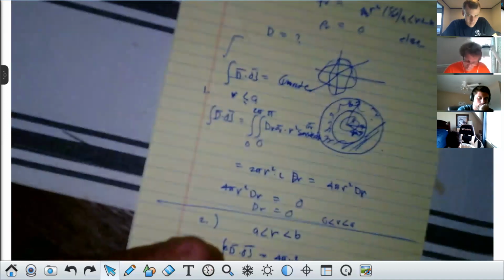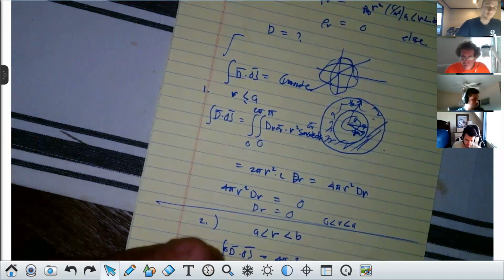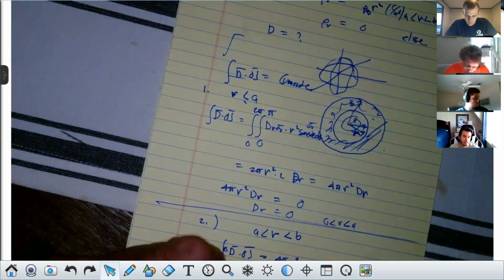And now it's times the differential unit of volume in spherical coordinates. Does anybody remember that? Tyler? R squared sine theta, d phi dz. R squared times the sine of theta, d theta, dr, d, not dz, d phi, you mean, right?